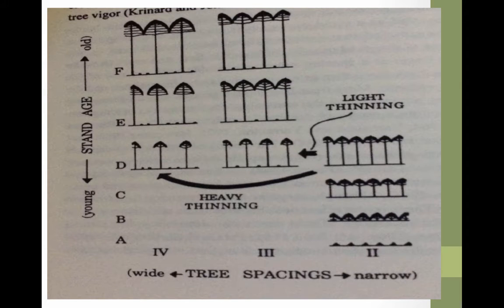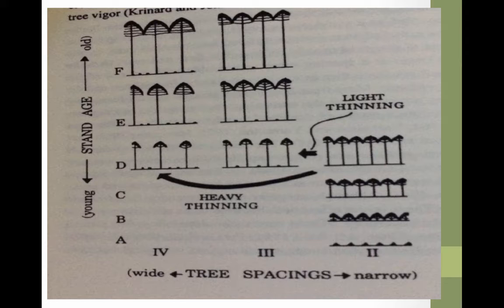And again, from our last lecture, we see that thinning can vary based on how heavy it is, so a lighter thinning versus a heavier thinning, and the impacts it subsequently has on the overstory stand, including the crown, the diameter, the height.